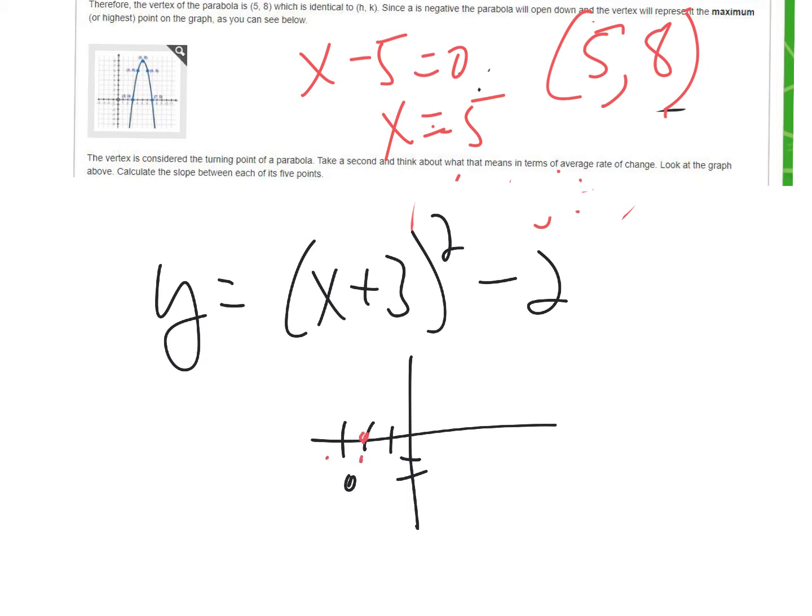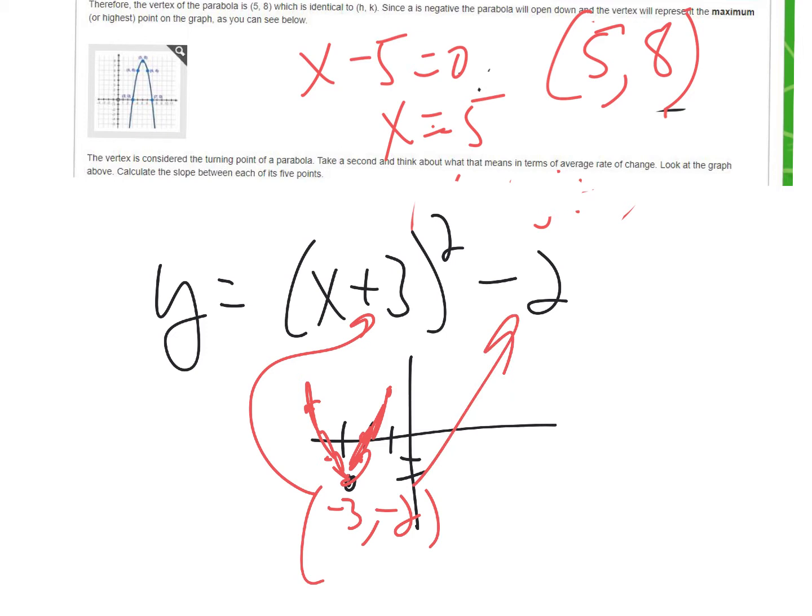So it'd be here and here, and then over 2, up 4, so it would be about here and here. So it looks something like that, right? See how that vertex is at (negative 3, negative 2)? See how I just changed the sign for x and kept the sign the same for y? So you don't have to do a lot of math with it. You just have to recognize what you're seeing.